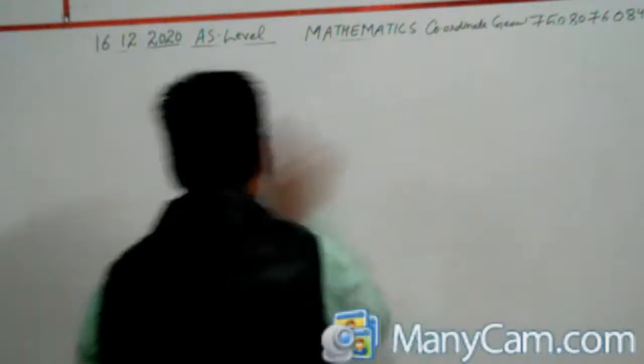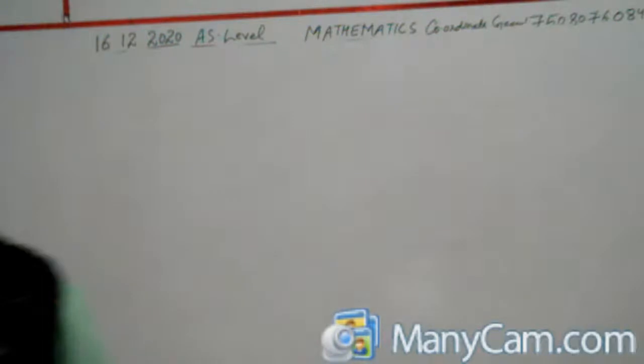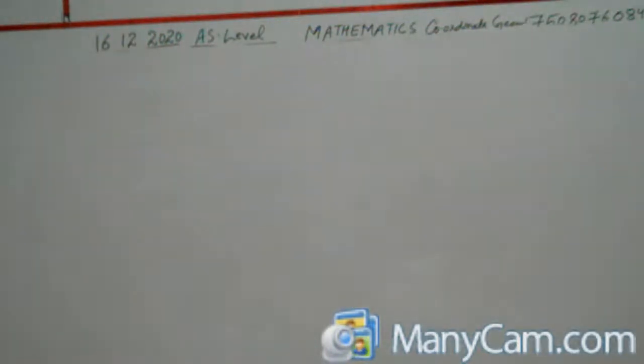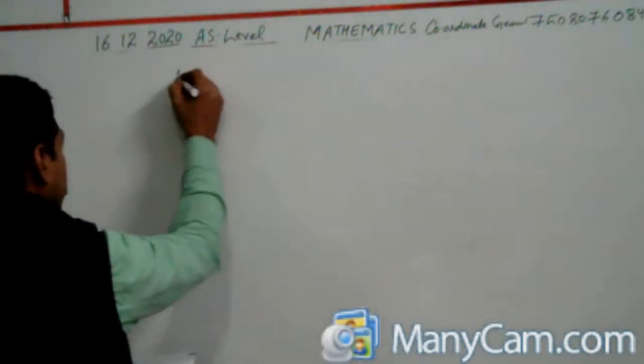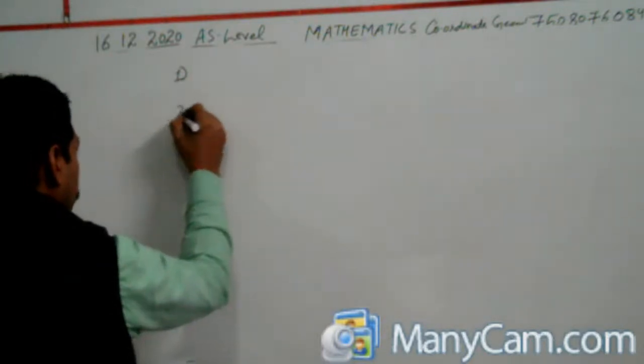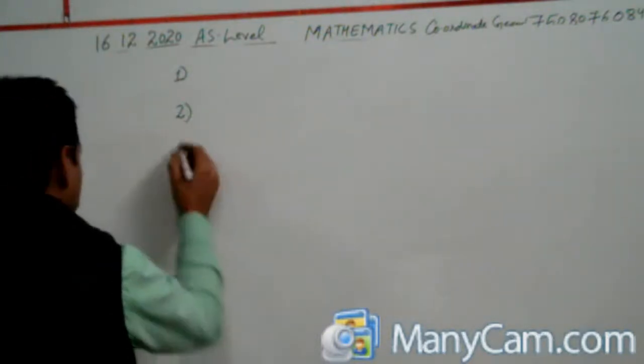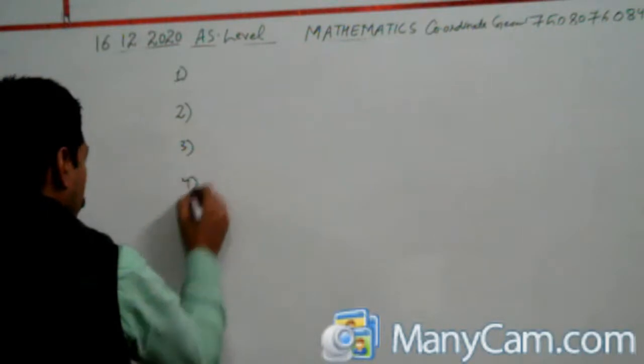Let's take 5 questions. You have to just tell whether they are parallel or perpendicular. I am giving the numbers in my own way: 1, 2, 3, 4, and 5.